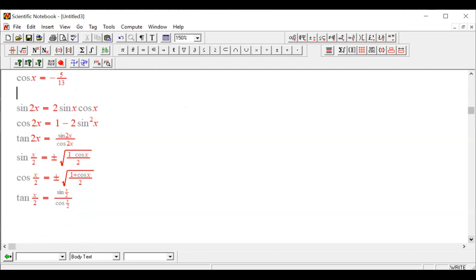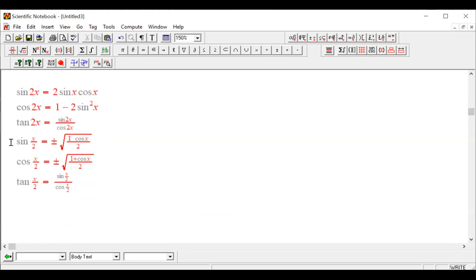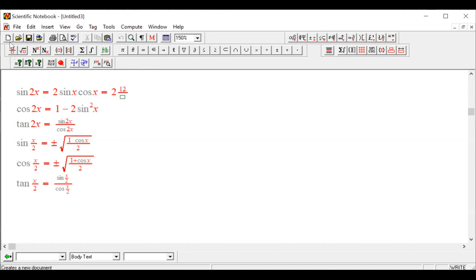So let's finish it up, because we're going to discuss the half angle piece, how we're going to choose the sine. For the double angle, we have 2 times sine, which is 12 over 13, and cosine is -5 over 13.